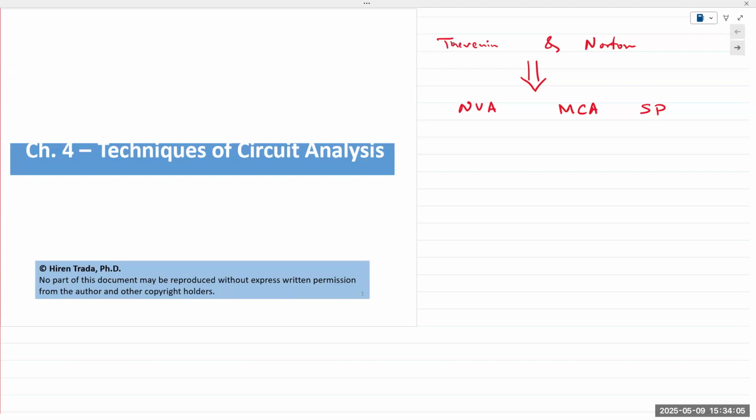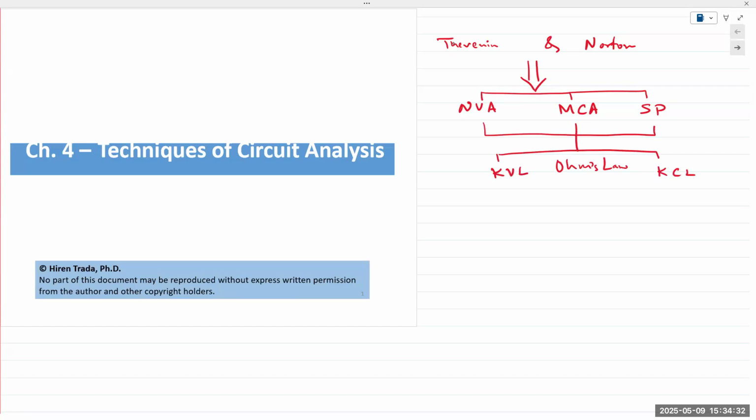So we derive NVA, MCA, and SP, and these in turn are derived from KVL and KCL.